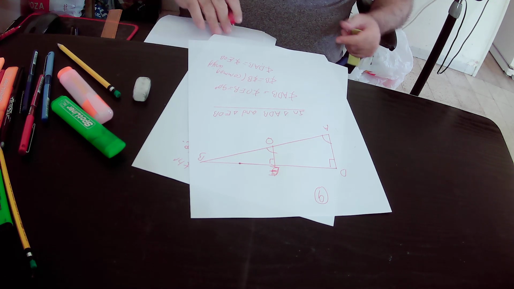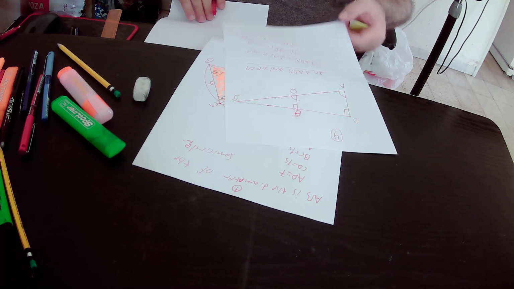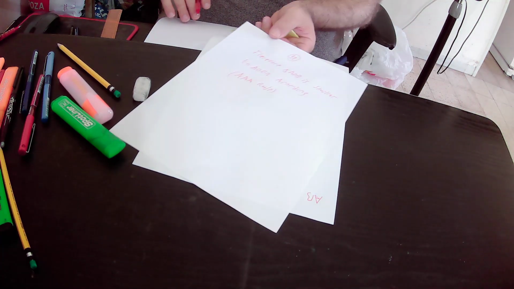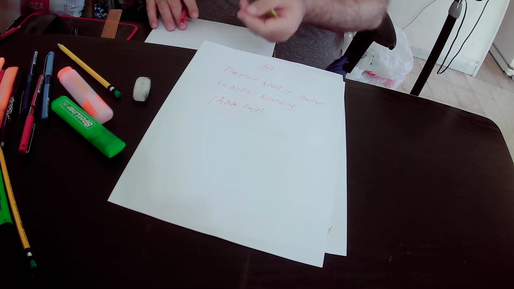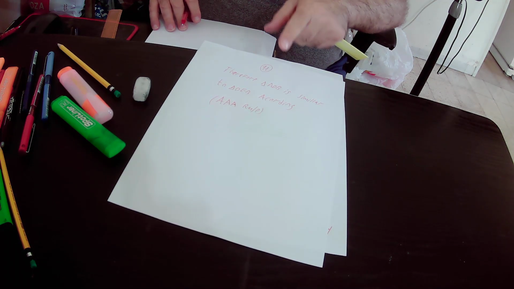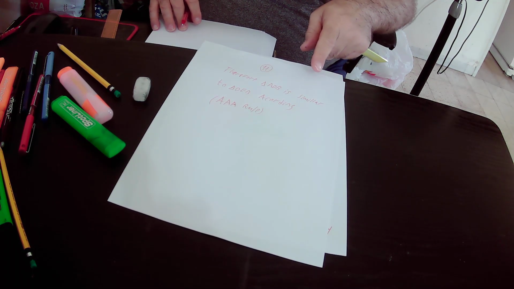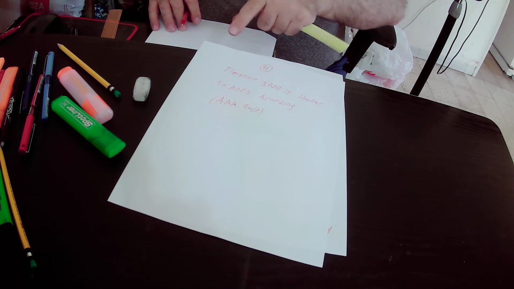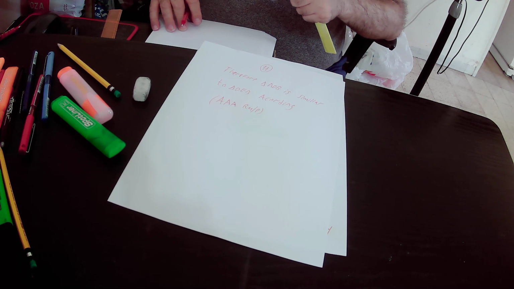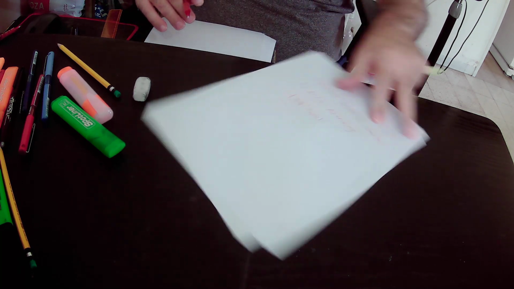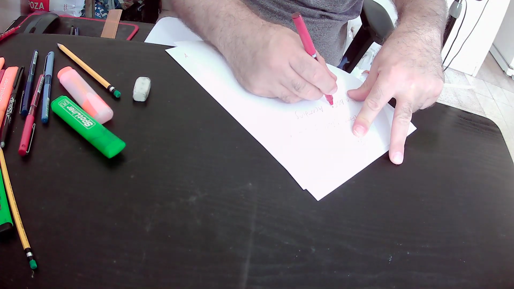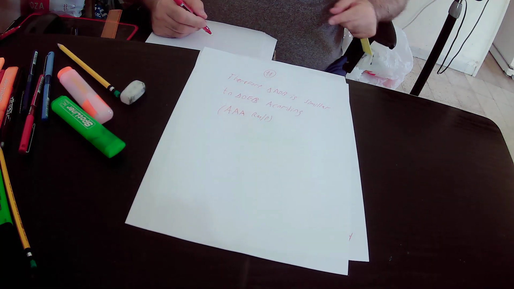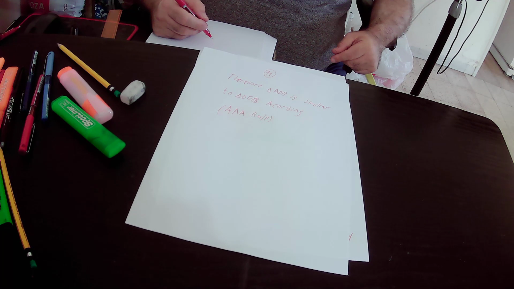Okay, so I'll read again. Therefore, the big triangle, triangle ADB, is similar to triangle OEB according to the angle rule.